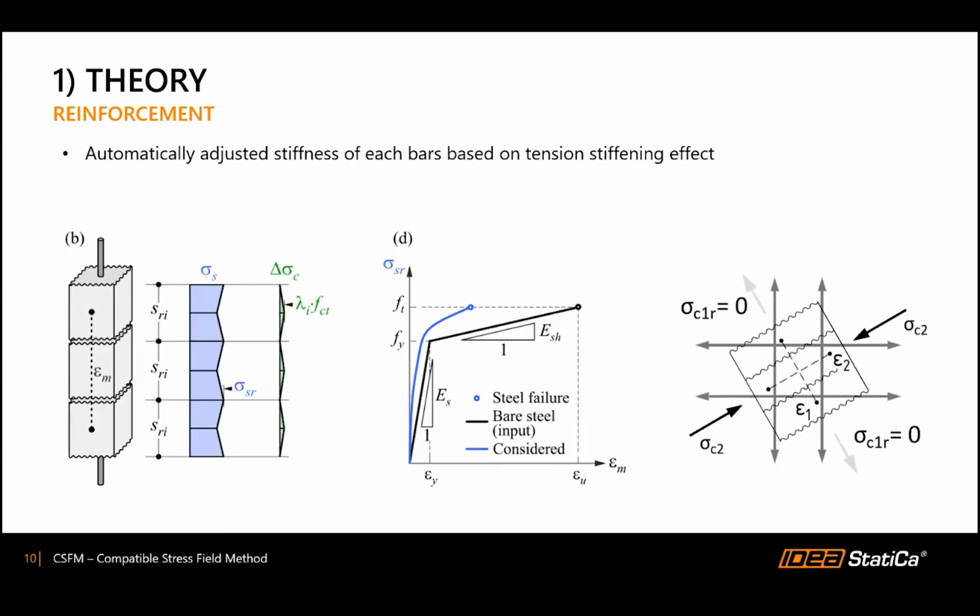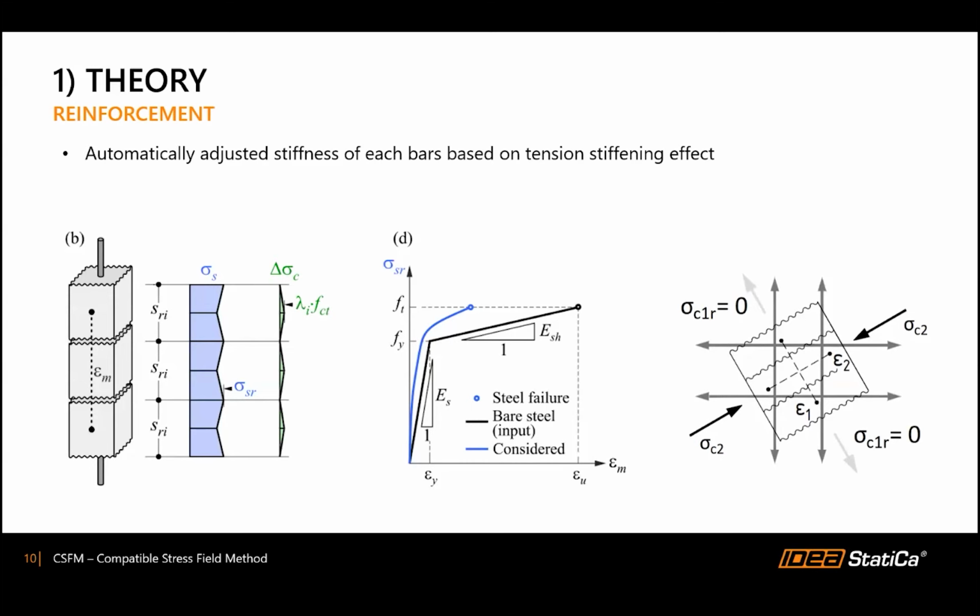What about the reinforcement? The rebar is embedded in the concrete, and the concrete is coacting with the reinforcement. In between the cracks, there is a portion of tension which helps to increase the stiffness of the rebars.